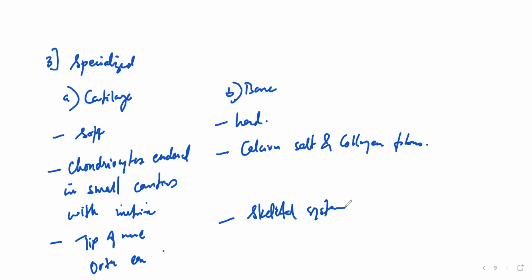Basically there is a term which is very important in the bone, which is called osteocytes. Just write it down. Now, what is this osteocytes? Osteocytes are nothing but bone cells. So if they ask about osteocytes, they are nothing but the bone cells. The bone cells will be present in small spaces, which are termed what?